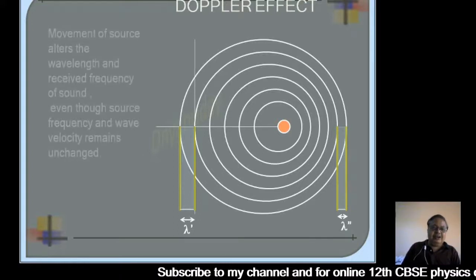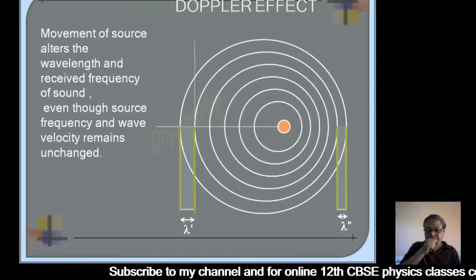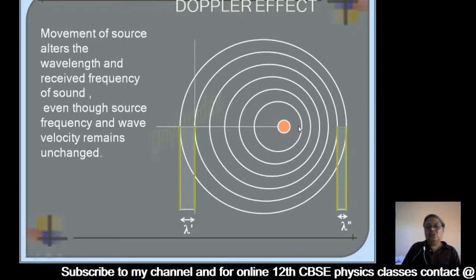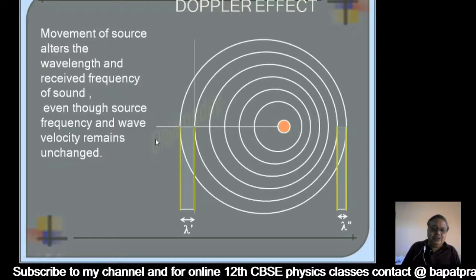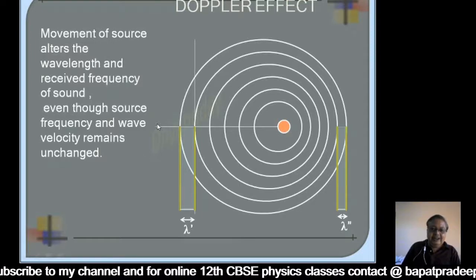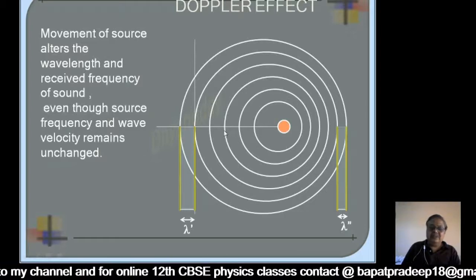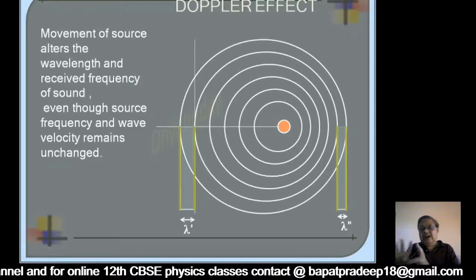And this change in the frequency is caused because along with the velocity of the sound, the source also has its own velocity. So for an observer at this end, these two velocities are added: V plus Vs, where V is the velocity of the sound and Vs is the velocity of the source. They both get added.